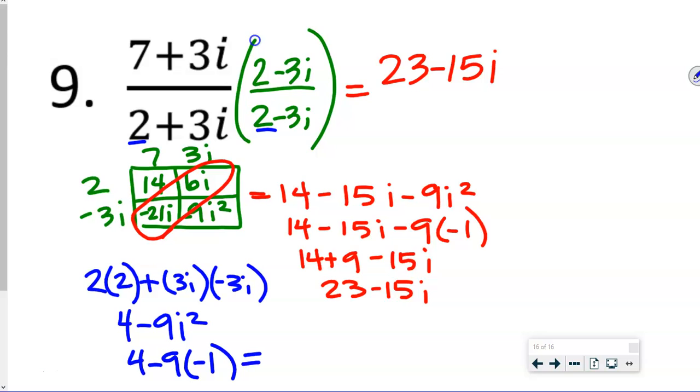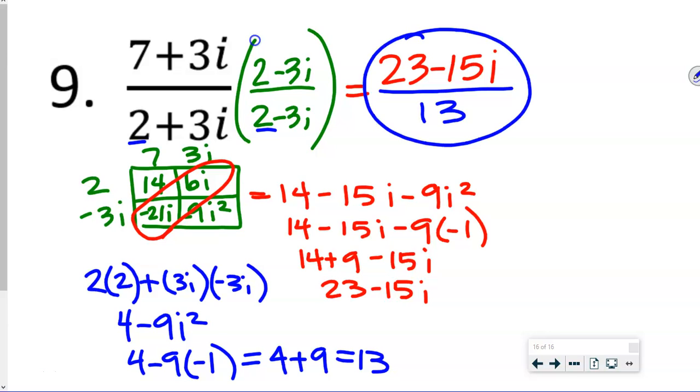So that's going to be 4 plus 9, which is 13. That's our denominator. Like that, another prime number. So that's our answer. So those were 4 extra problems for you guys to work if you wanted to. You could have paused the video before we got there if you wanted to, but I just thought I'd do some extra ones for you.